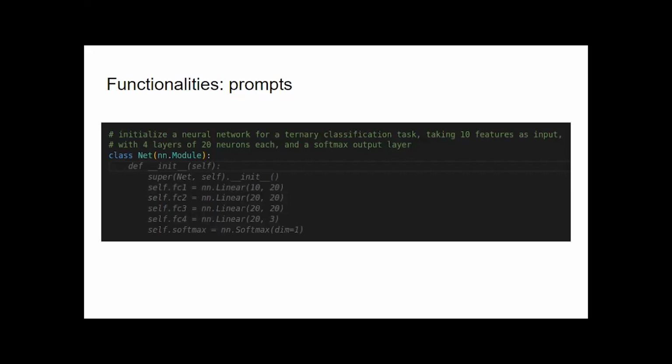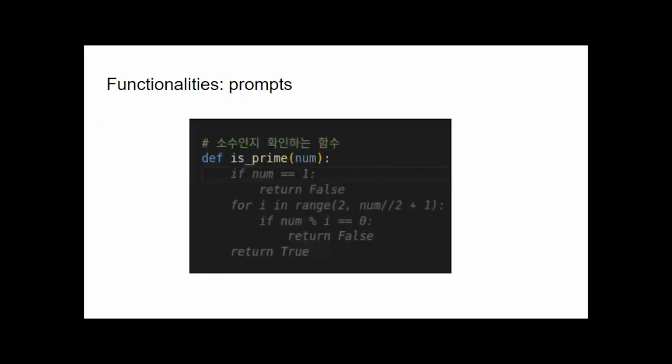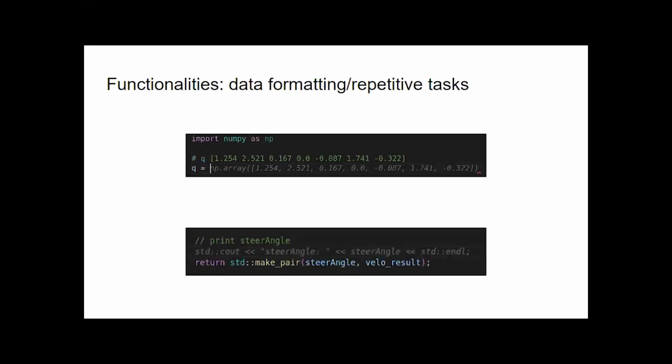So when you use GitHub Copilot, you will have to get used to it to understand how to make your prompts. You can also make your prompts in Korean. However, as I know, the performance is not as good as in English. So I recommend you do your prompts in English.